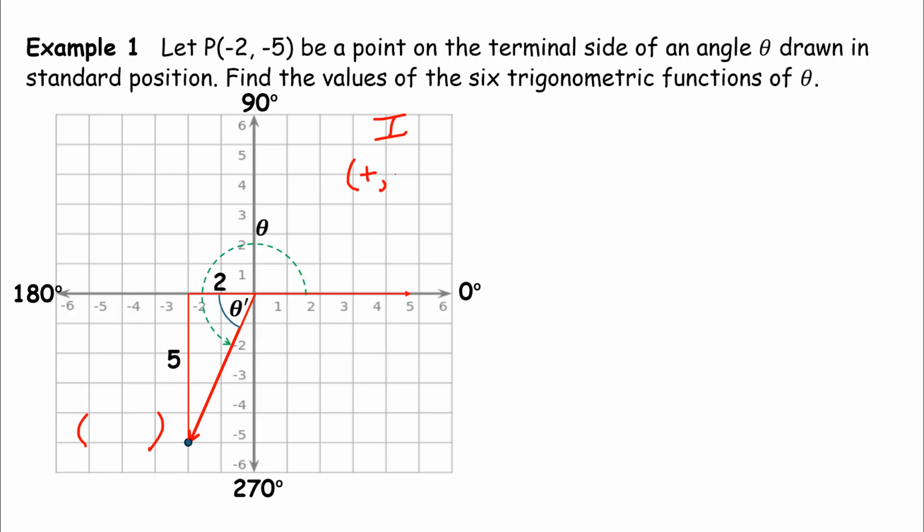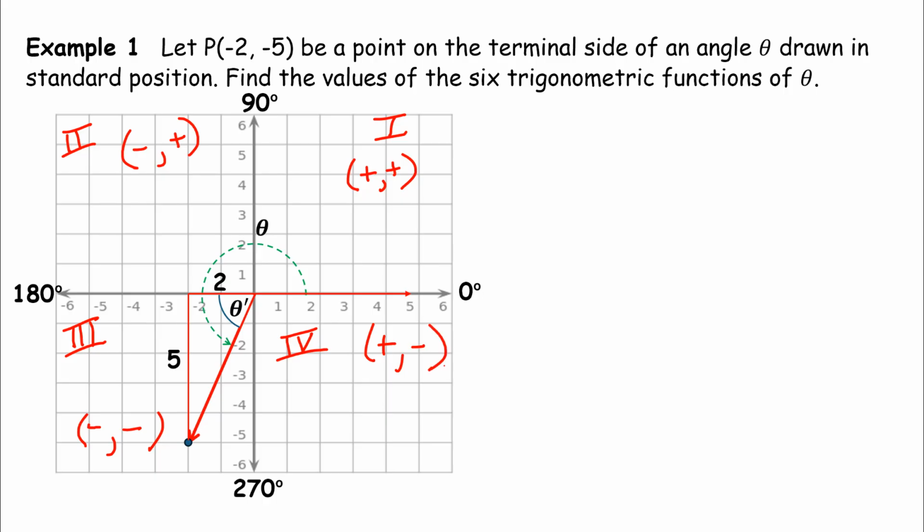In quadrant 1, x and y are both positive. In quadrant 2, x is negative and y is positive because you have to go to the left and up to get to these points. In quadrant 3, x is negative and y is negative because you have to go left and down to get to that quadrant. And then in quadrant 4, x is positive and y is negative.